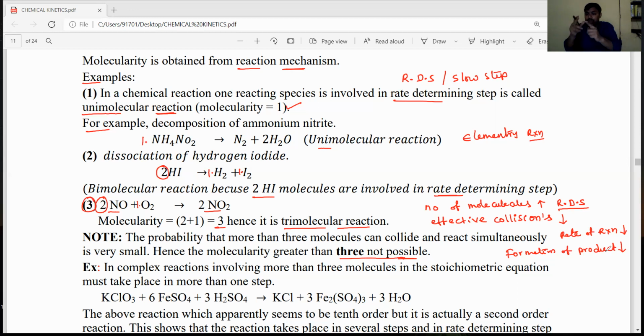Among those several steps, one rate determining step will be present. Under that rate determining step, very few molecules are involved, maximum 3 or less than 3 molecules, even in complex reactions. That's why the maximum molecularity is 3 or less than 3 only.